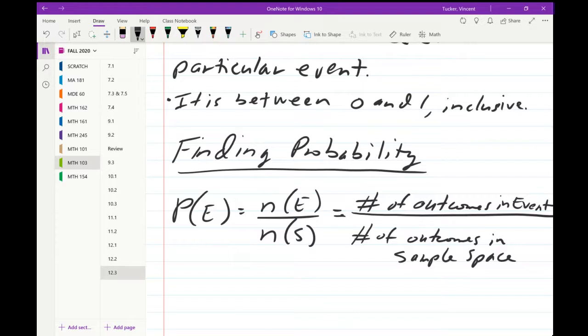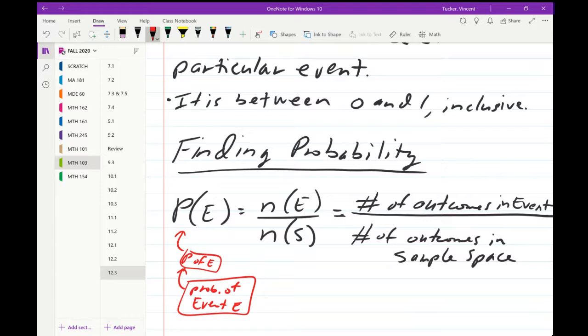All right, so finding the probability. This is P of E, which just means the probability of event E. And that's n of E over n of S. That's just how you would say that.